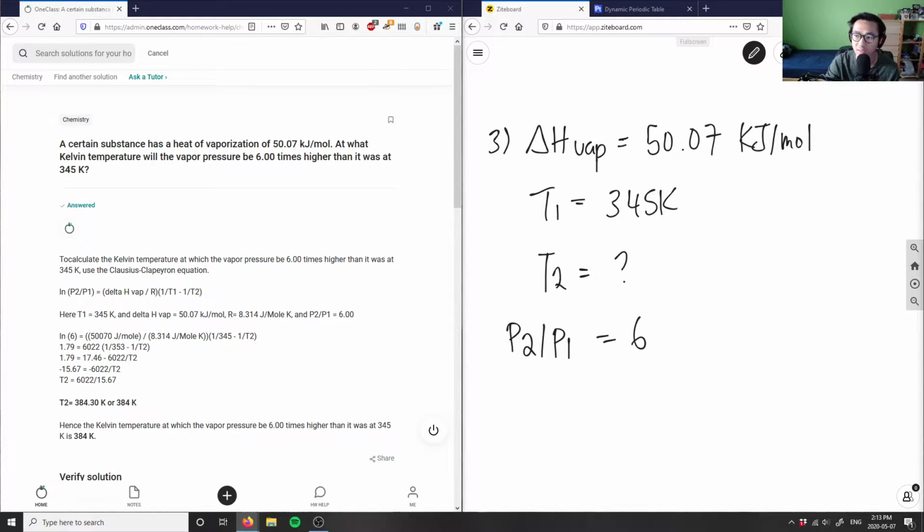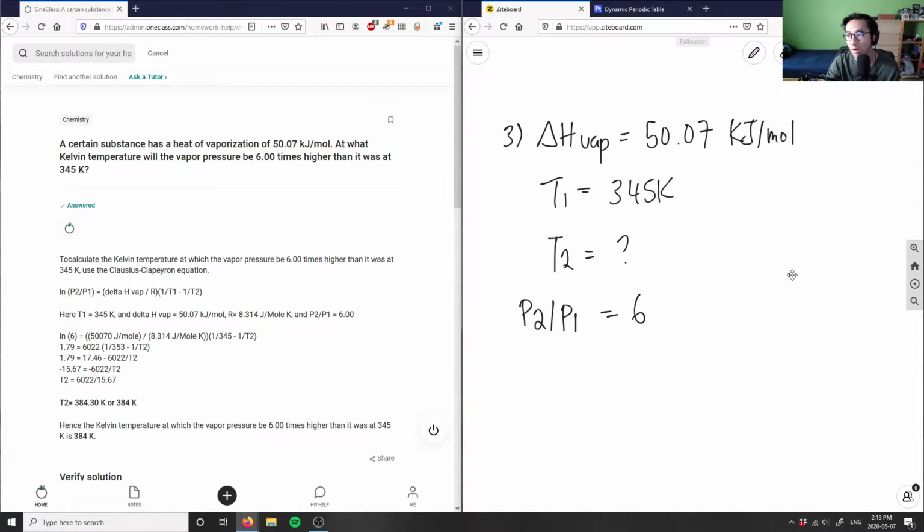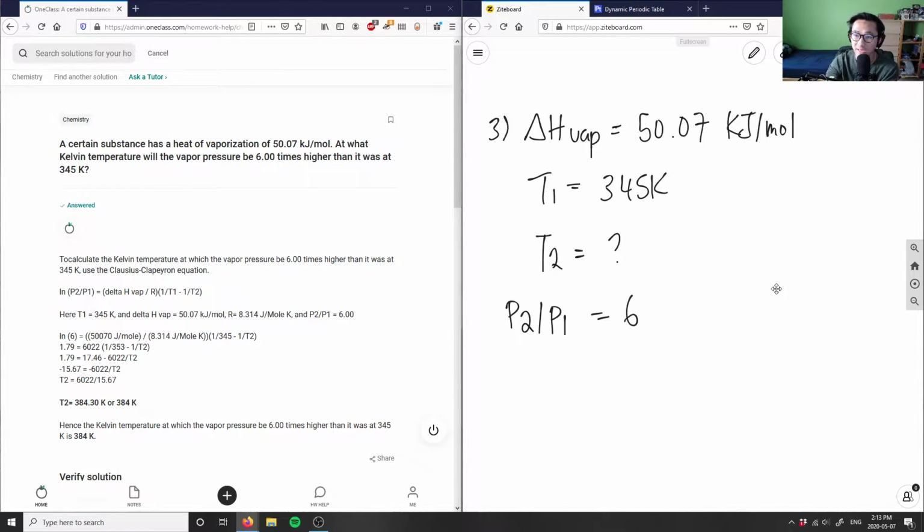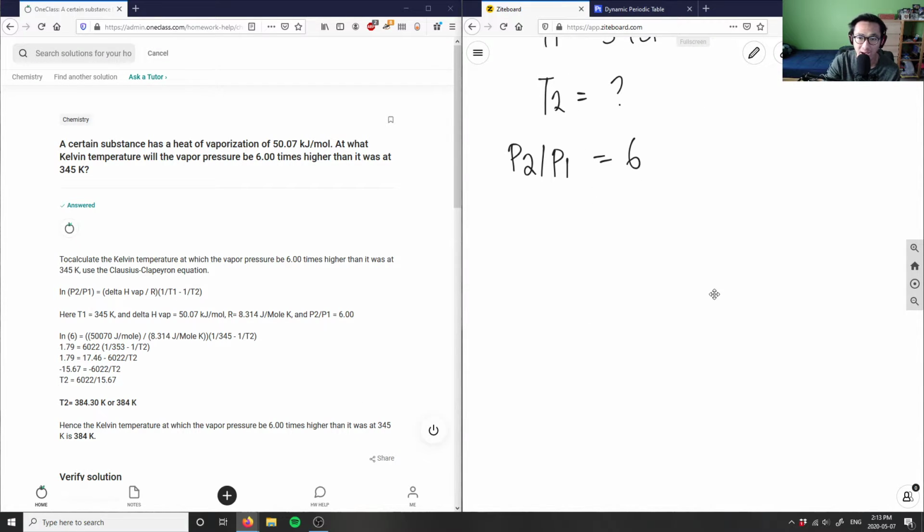It says that the pressure is proportional to e to the power of the negative delta H, or enthalpy of vaporization, divided by RT, right? So we can also rewrite this as ln, and I'm just going to write down the equation for you here.